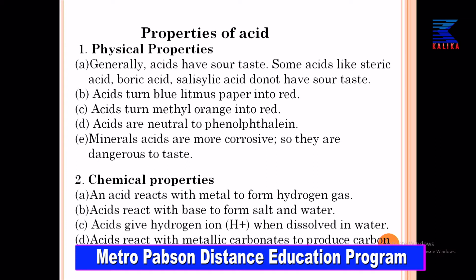Metallic carbonate means those substances having CO3 as the negative radical and the metal as the positive radical, combined as the metallic carbonate. They must give carbon dioxide when reacting with acid, along with water and metal salt.